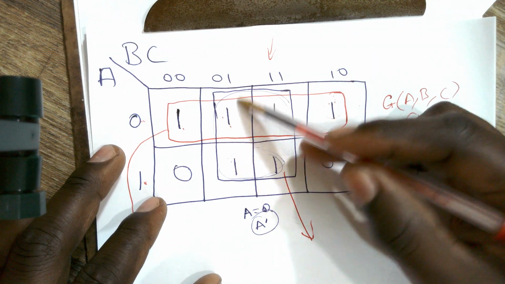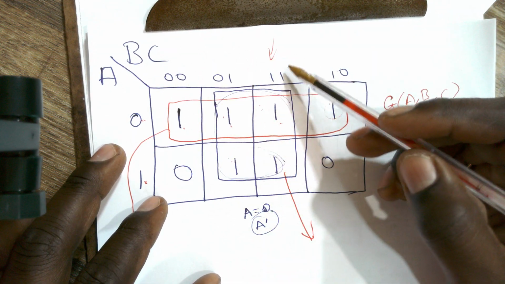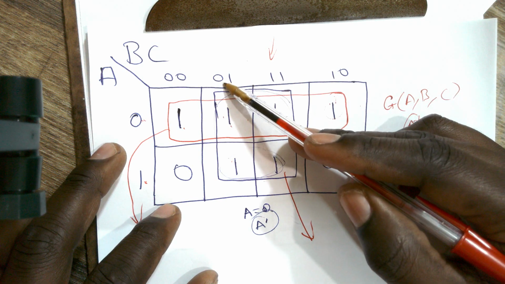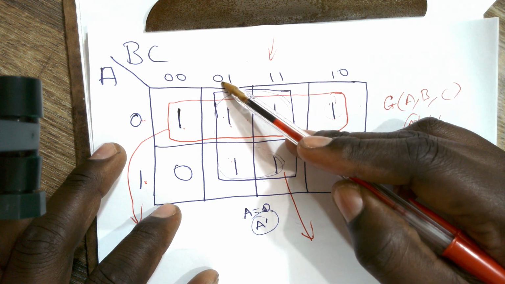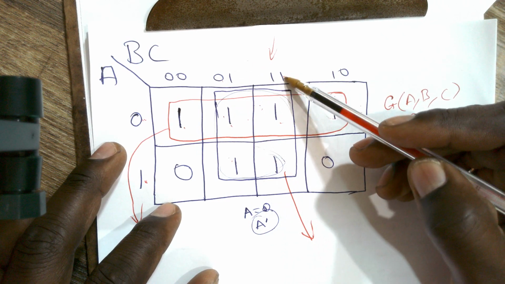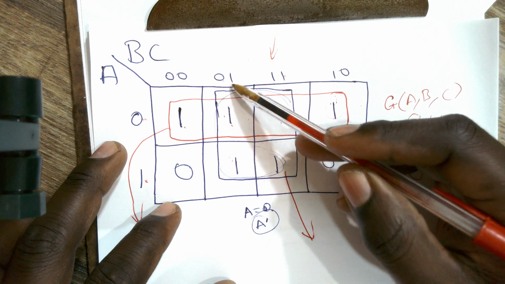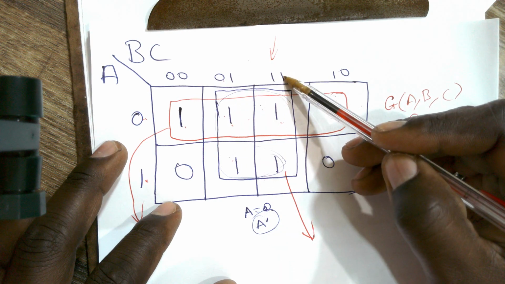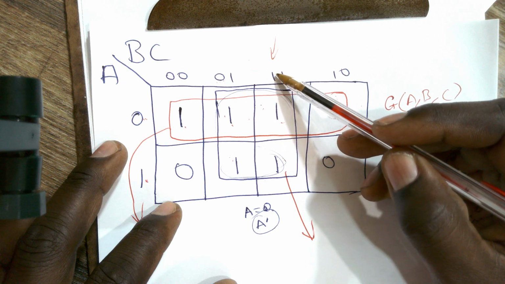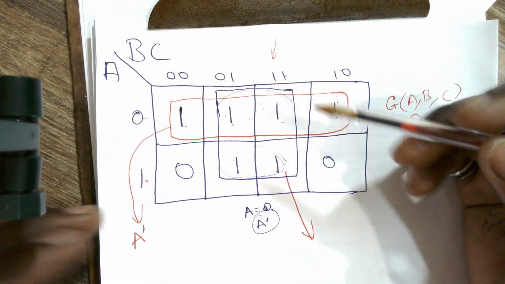We look at these ones from the B and C axis, and we realize that B changes, but C is the same for all of them. All of them have C equals 1. 2 of them have B equals 0, and 2 have B equals 1. So therefore, B changes.